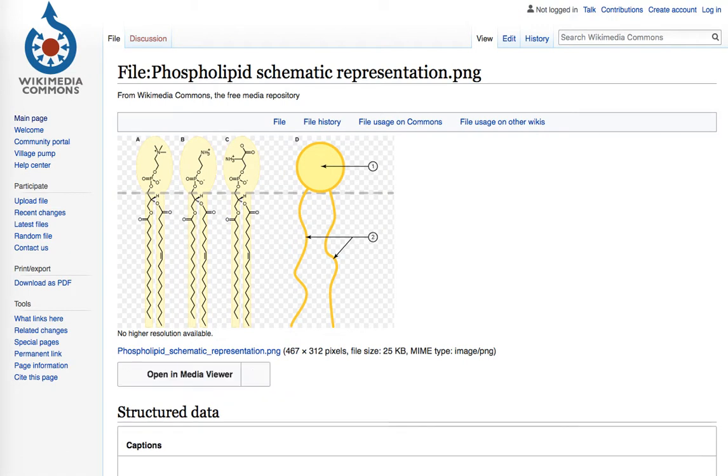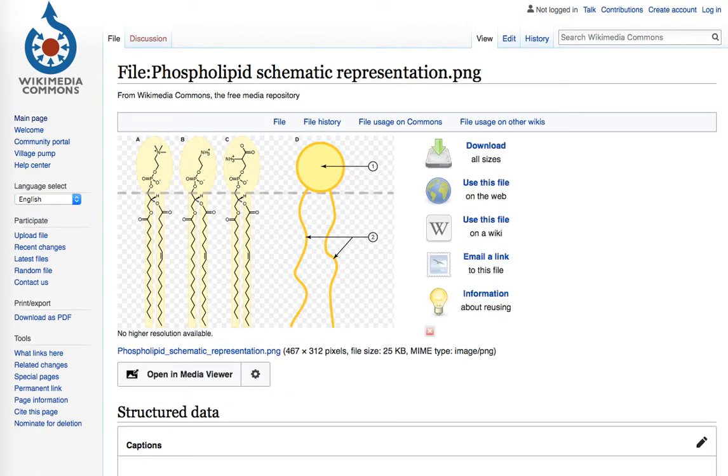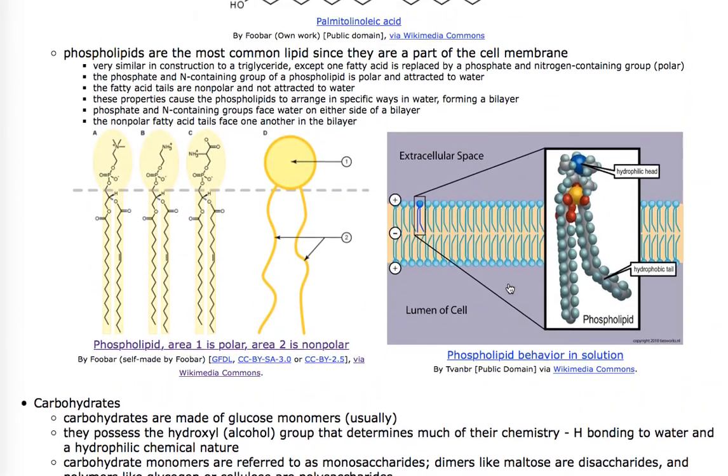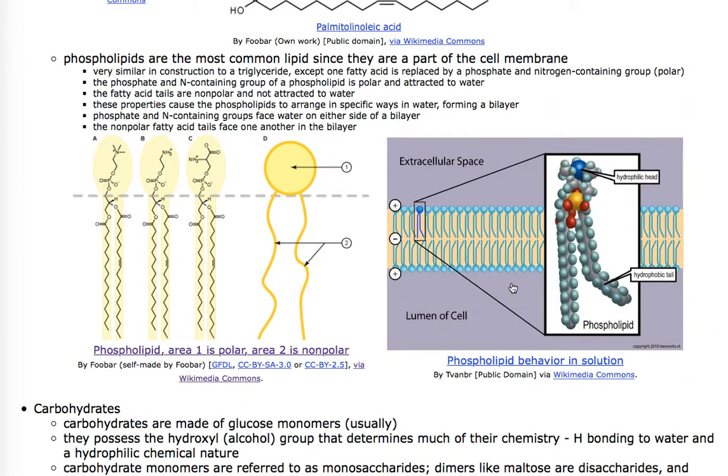Don't worry about that. That little chain right there just helps to determine the polarity of the phosphate head. So this head out here is polar, and this is all nonpolar.